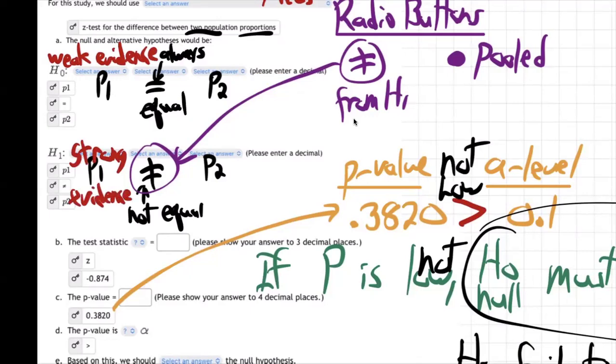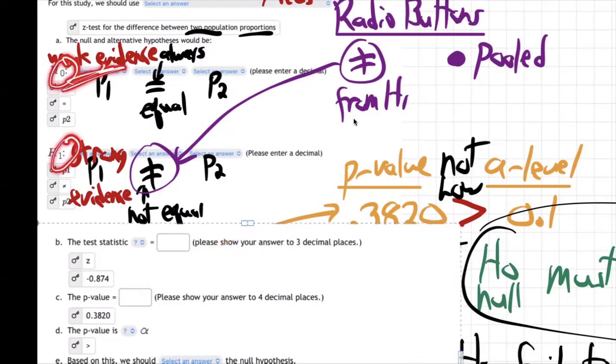So it's just like a court of law. Zero comes before one. You start with H0. When the accused person walks in the room, the judge will instruct you, if you're ever on a jury, to assume the person is innocent.